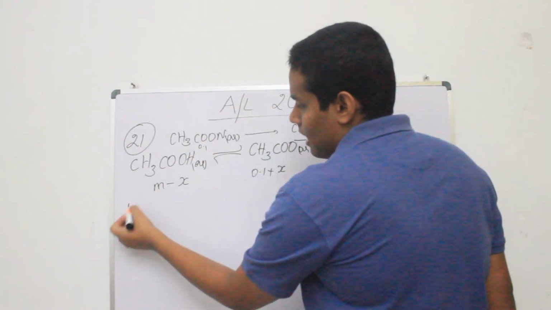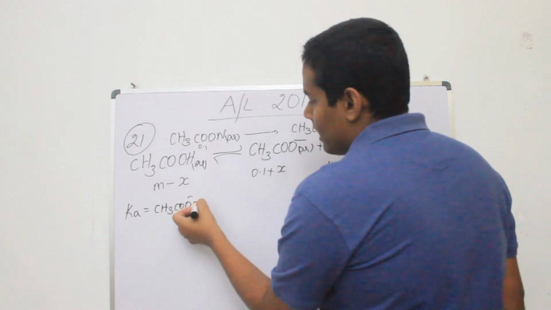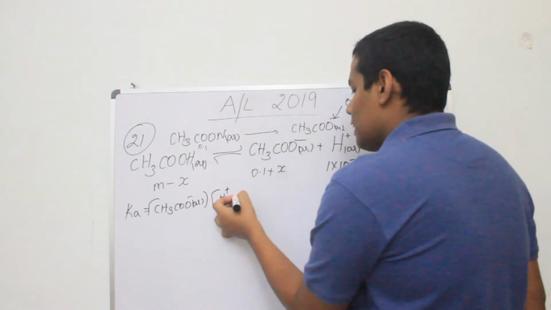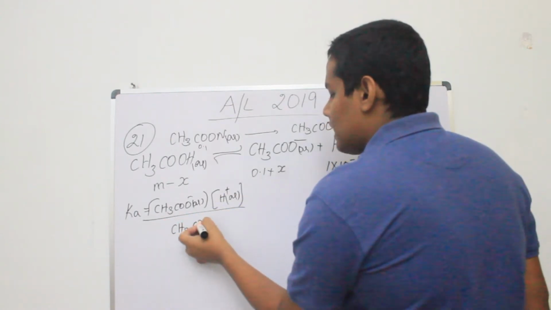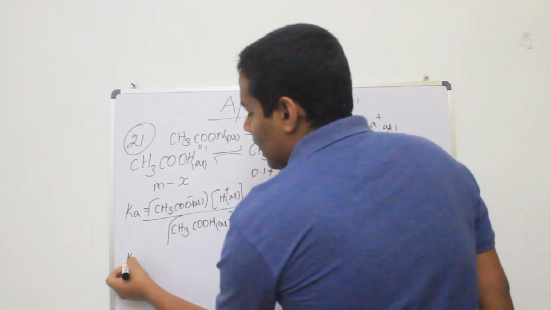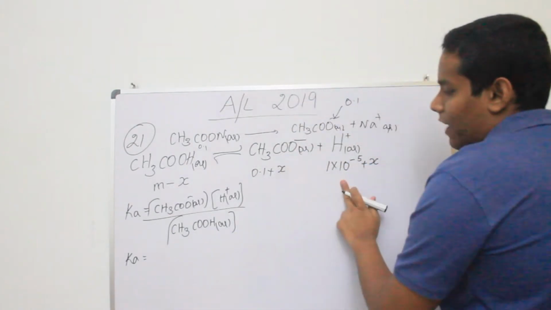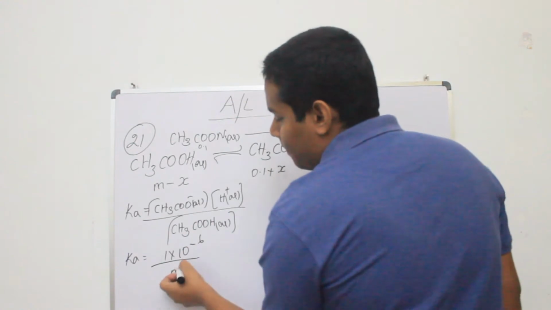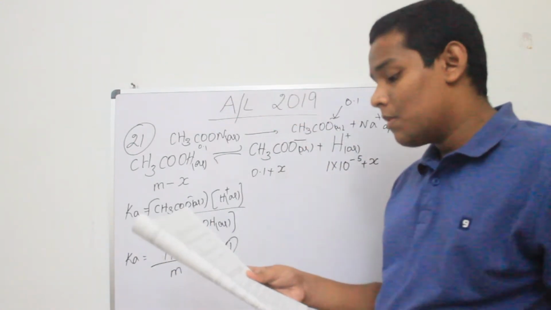So Ka equals CH3COO minus aqueous concentration into H plus aqueous concentration divided by CH3COOH aqueous concentration. So here Ka equals 0.1 into 1 into 10 to the power minus 5, that is 1 into 10 to the power minus 6, divided by M. Equation number 1.